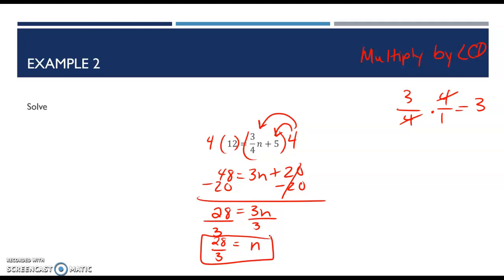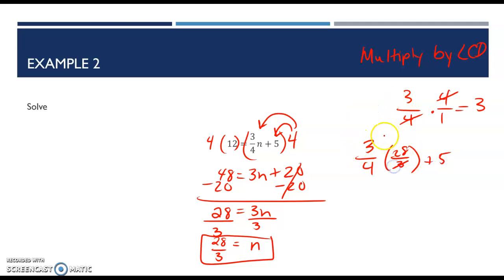And if you're like, well, but how do we know if that's true and that we do have the correct answer? Well, you can take that 28/3 and plug it back in and take 3/4 times 28/3 plus 5. And actually, let's do that real quick. 3/4 times 28/3 plus 5.